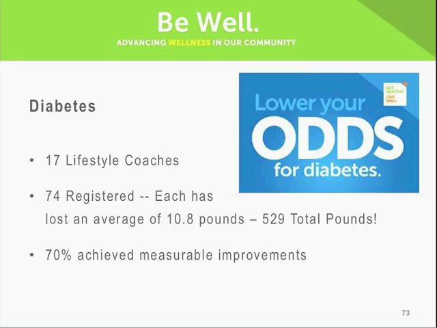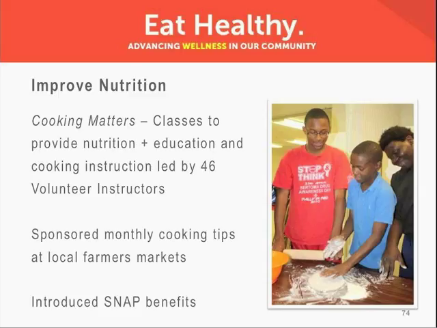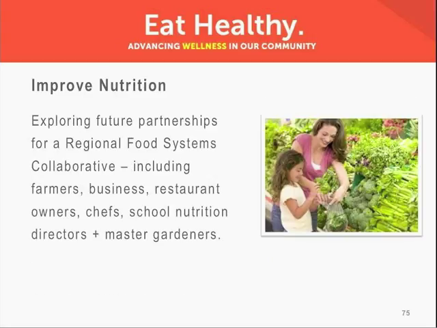Around Eat Healthier and improving nutrition, they had classes to provide nutrition and educate around cooking. And that was led by 46 volunteer instructors that were all a part of the organization or the community. They offered monthly cooking tips and introduced the SNAP benefits into their community.